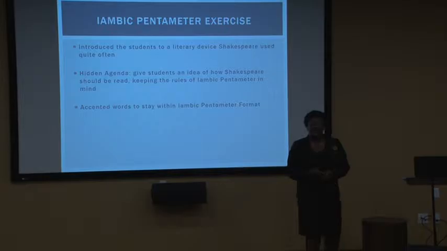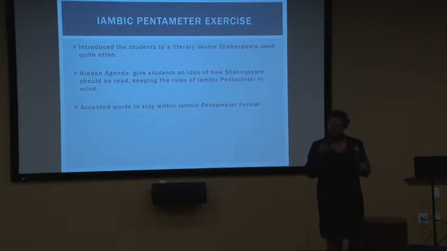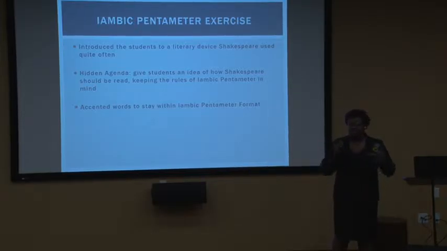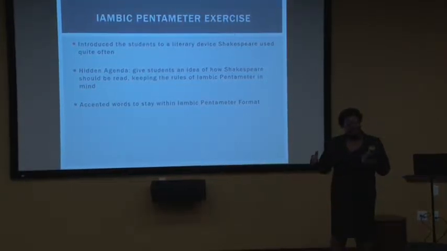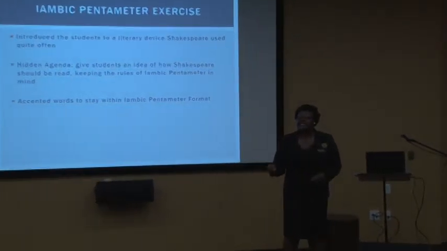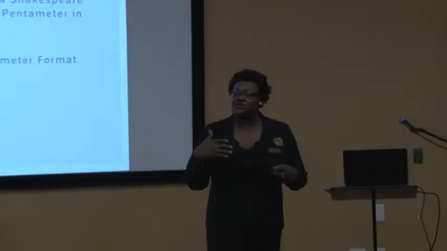I also told them that when you have iambic pentameter, you have 10 syllables per line, 1 foot to every 2 syllables. So if you have 2 syllables in a foot, you have 5 metric feet. This was to help them when they started reading, so that they would know that if you have to have 10 syllables per line, and there's an accent on a word, what does that mean? That means that Shakespeare added an extra syllable to stay in that guideline. Okay?